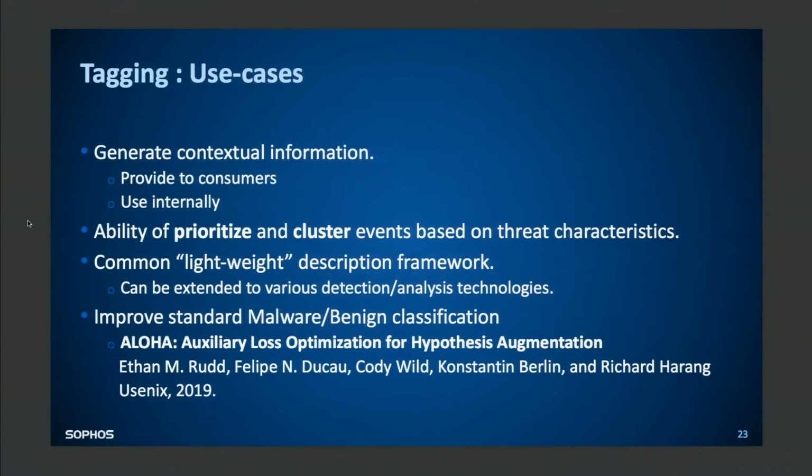Why are we interested in this and why do we think this is useful? It helps us to generate contextual information about the samples that we are detecting in the wild. So if we are doing any type of later detection, we have this piece of information that tells us automatically this is, for example, a downloader. That's already a piece of information that might make us look more closely into the network connections that this file is going to make.